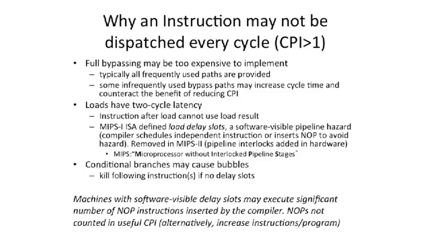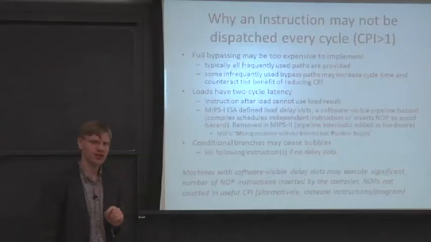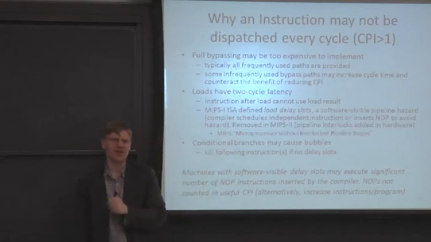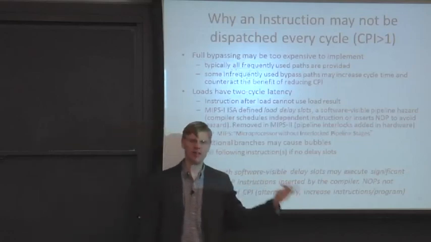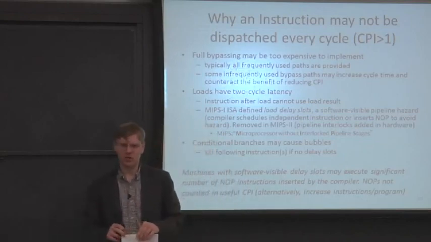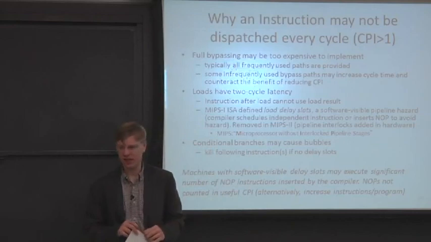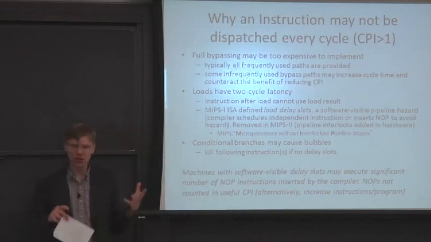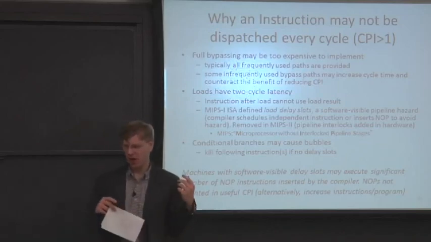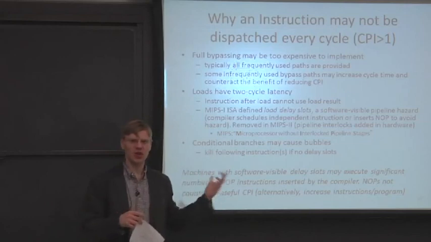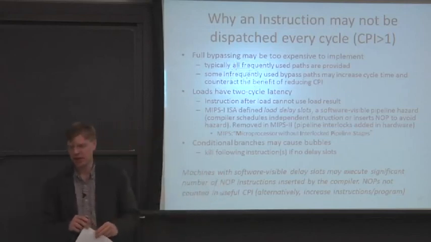And one interesting thing is that the MIPS 1 architecture actually defined load delay slots, very similar to what we had discussed with branch delay slots. So MIPS 1 had load delay slots, which were software visible slots that you had to fill and could solve basically this pipelining hazard.